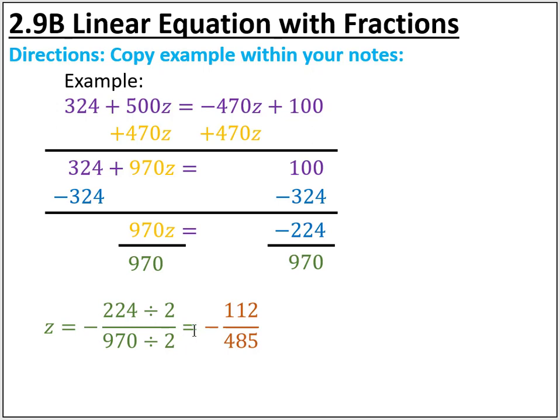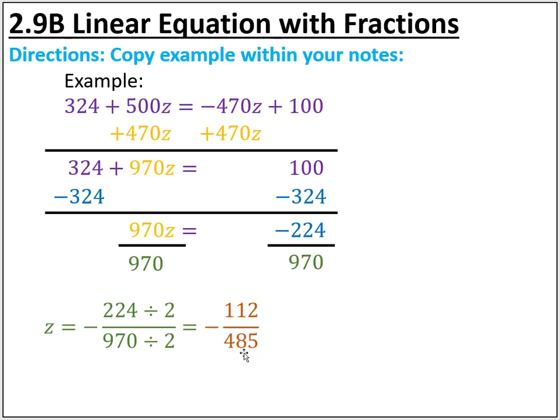So when I do that, my new fraction will be negative 112 over 485. So I check one more time if I can simplify. Now I usually look at the number that ends with 5. So 485, I usually check that because usually they are divisible by 5.